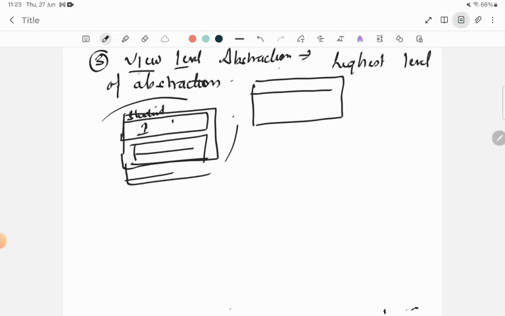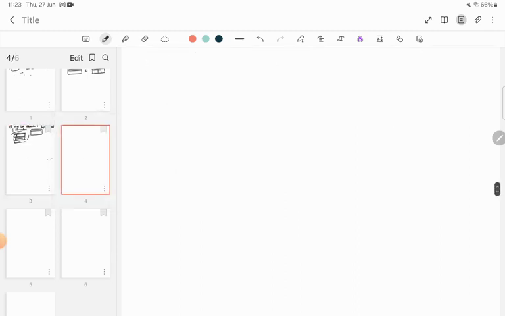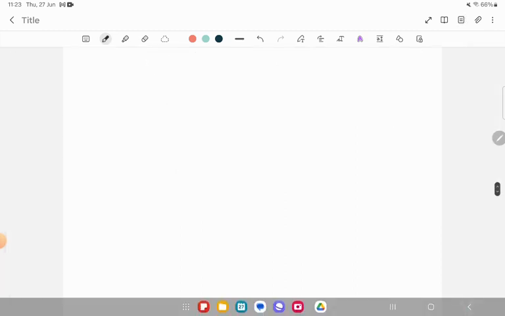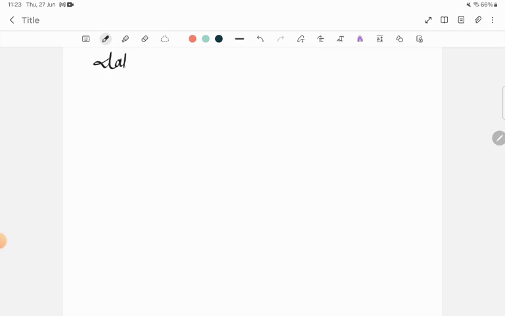Now let's talk about independence. What is data independence in DBMS?